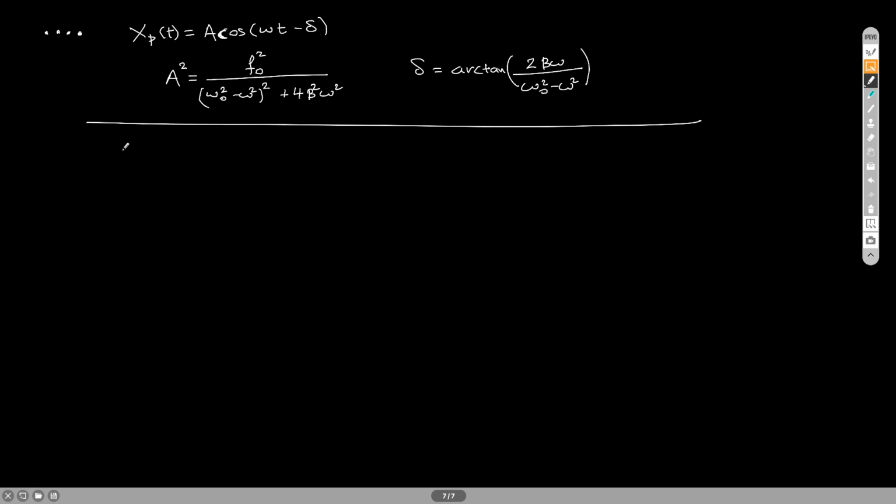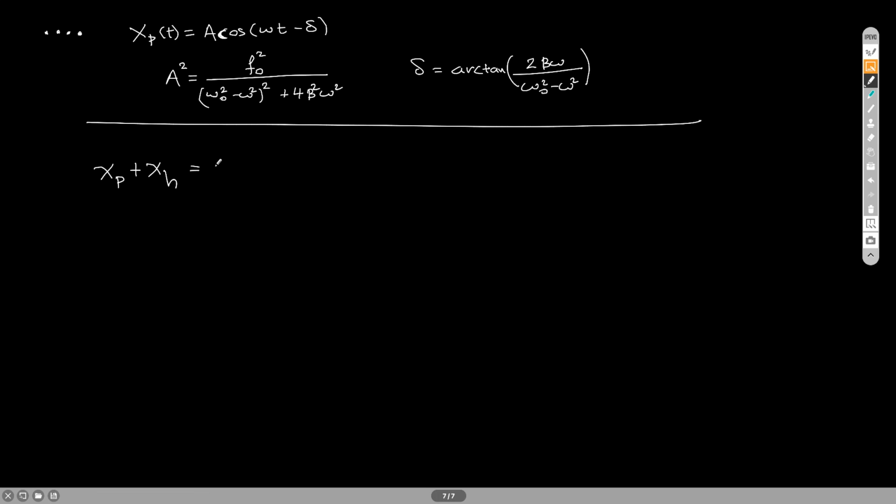But remember, I want to find the general solution to the inhomogeneous equation. And with the theory that I talked about in the previous video, if I take the sum of the particular solution to the inhomogeneous equation with the general solution to the homogeneous equation, then I have the general solution to the inhomogeneous equation, which is what I'm looking for.